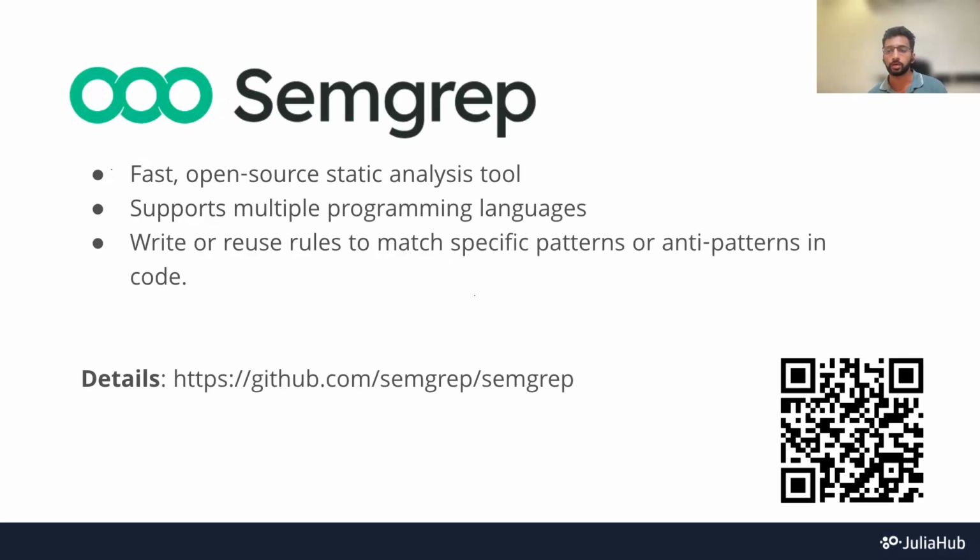On JuliaHub, we use a tool called Semgrep to perform static analysis. It's an open source analyzer that supports multiple programming languages, including Julia.